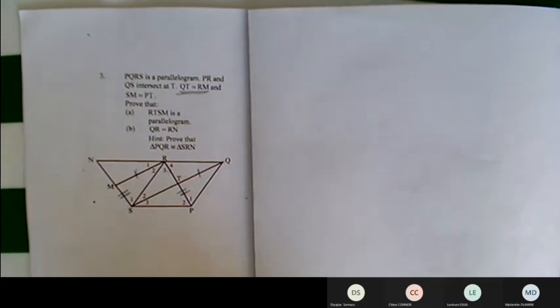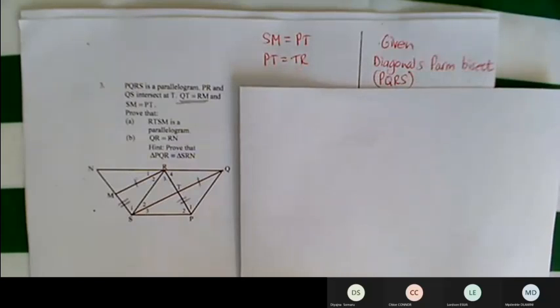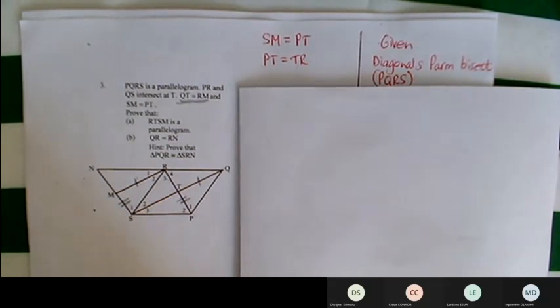The first statement there will be SM is equal to PT. So SM is equal to PT, given, because that was our given information. PT is equal to TR, the diagonals of parallelogram PQRS bisect each other.